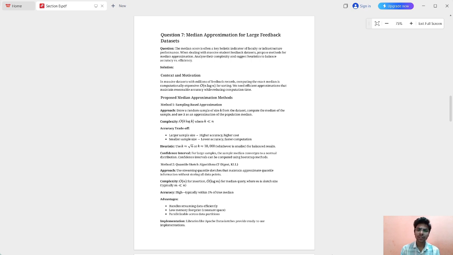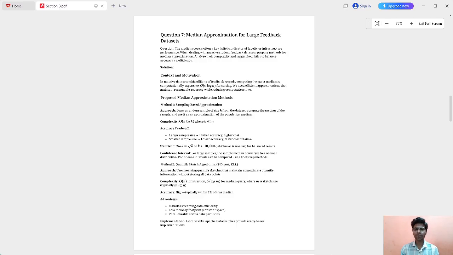The second method is the quantile sketch algorithm, T-digest or KLL. Approach: use streaming quantile sketches that maintain approximate quantile information without storing all data points. Complexity is O(n) for insertion and O(log m) for median query, where m is the sketch size, typically smaller than n.